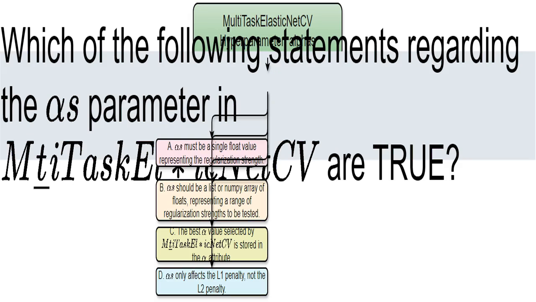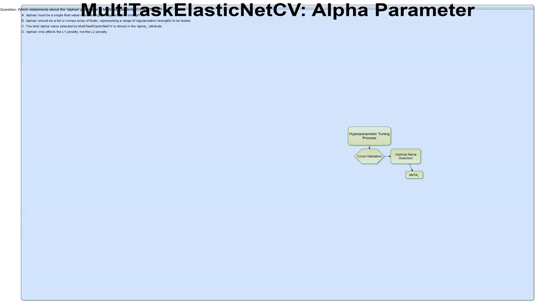The question asks you to evaluate 4 different statements about the alphas parameter and decide which are true. Each statement needs to be evaluated based on your understanding of MultiTaskElasticNetCV. This refers to the alpha hyperparameter within the MultiTaskElasticNetCV algorithm. I'll explain what that means.